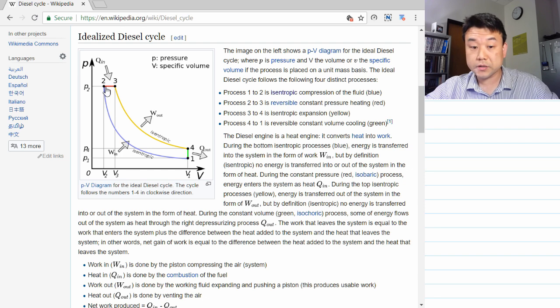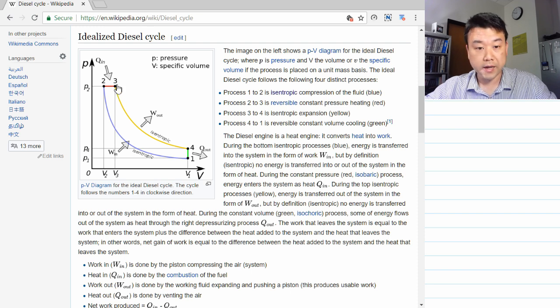So those features are similar, and they are also similar in that there's this idealized isochoric cooling process, idealizing what is a very complicated real-world process. And the one key difference here is for the Otto cycle, the switch between two adiabatic curves happened by isochoric heating.